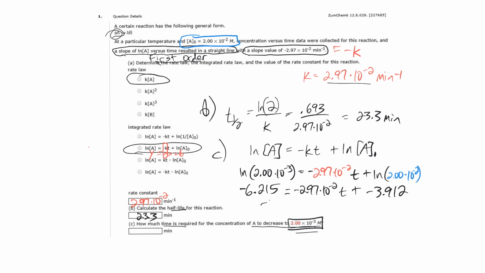Simplify that a little bit and get t alone. And if you crunch the numbers, we get 77.5. The units here are minutes, because they gave us units of time in minutes throughout the problem.